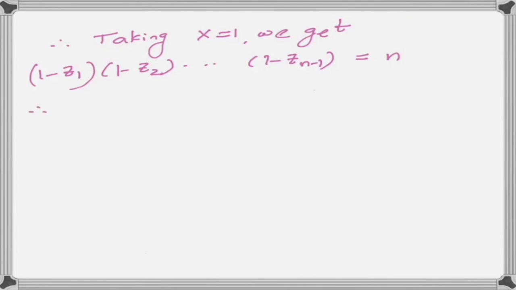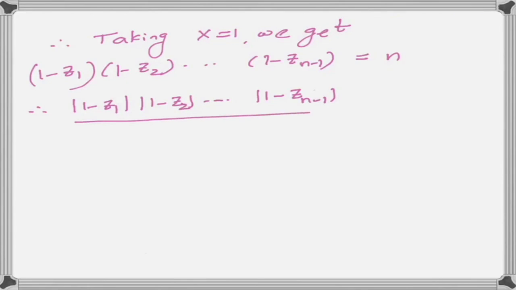Therefore, the absolute value of 1 minus z1 times the absolute value of 1 minus z2 and so on up to the absolute value of 1 minus zn minus 1 divided by n is equal to, recall that the absolute value distributes over the product.